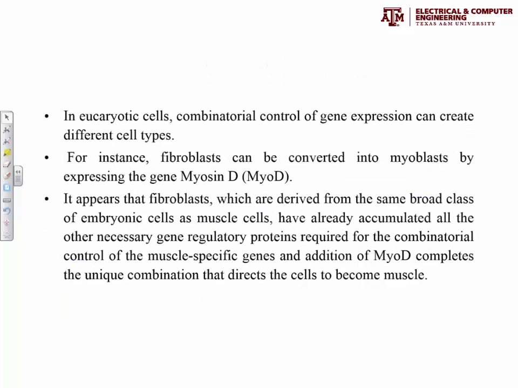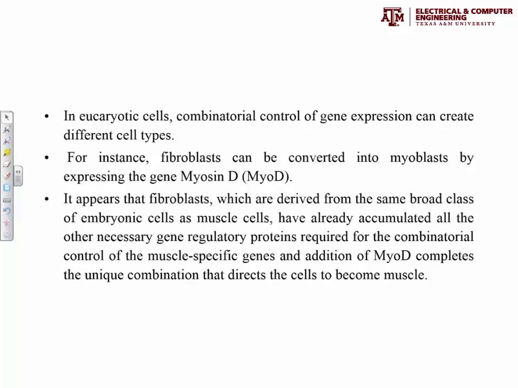Now, in the case of eukaryotic cells, combinatorial control of gene expression can create different cell types. For example, fibroblasts, which are one class of cells, start from the same class of embryonic stem cells as muscle cells. You can convert fibroblasts into muscles or into myoblasts by just expressing the gene MyoD, right?